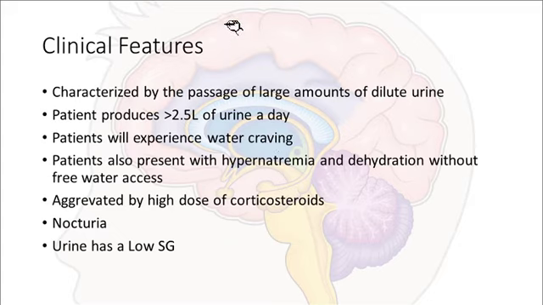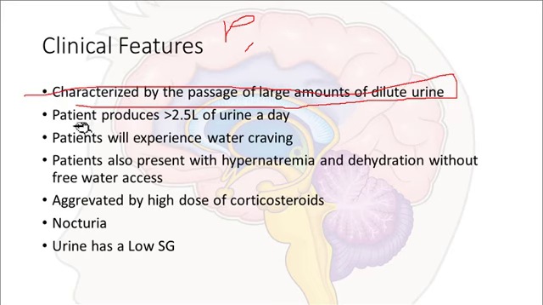Most patients will have polyuria, and they'll also have extremely dilute urine, so the urine will have a very low specific gravity. It's characterized by the passage of a large amount of dilute urine. Patients produce more than 2.5 liters of urine per day, and will obviously experience water cravings as a result.